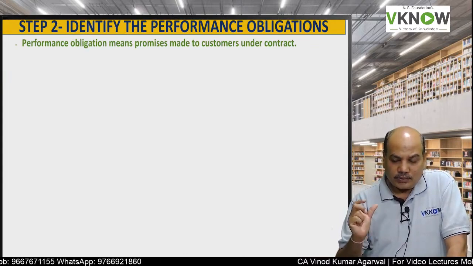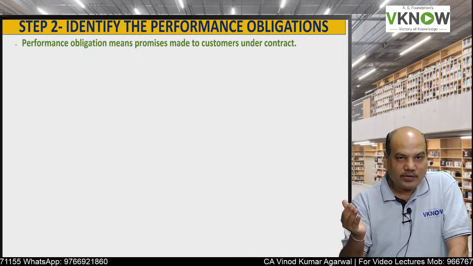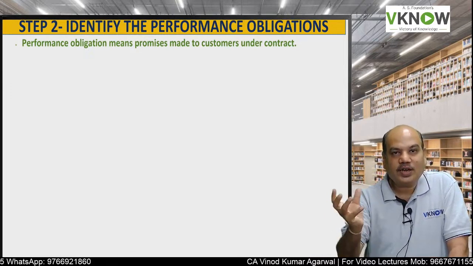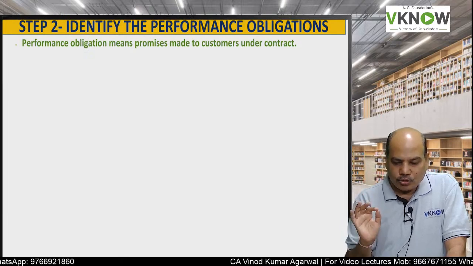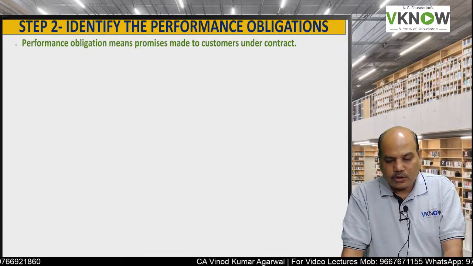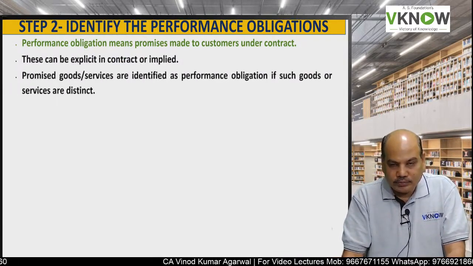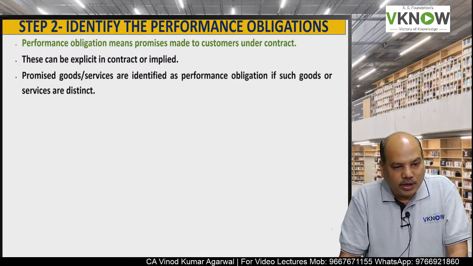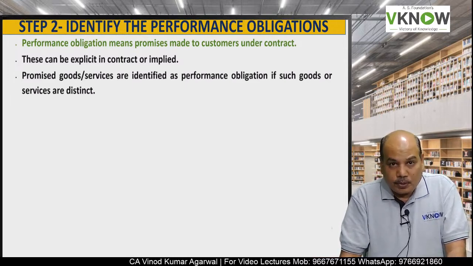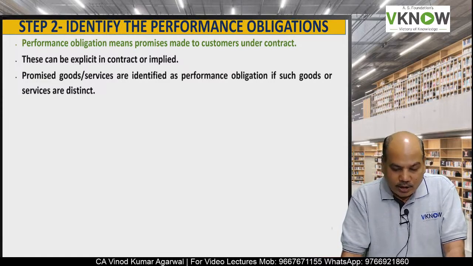Depending upon the number of performance obligations and when they will be satisfied, the revenue is recognized accordingly. So, identify performance obligation. Performance obligation means a promise made to the customer under the contract. What are the promises we have made to you? The promises made can be explicit or implied.